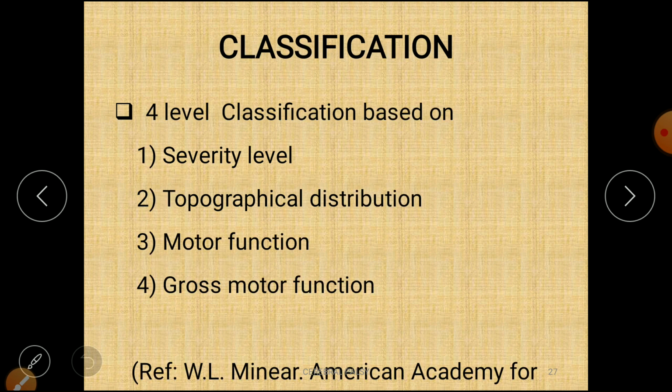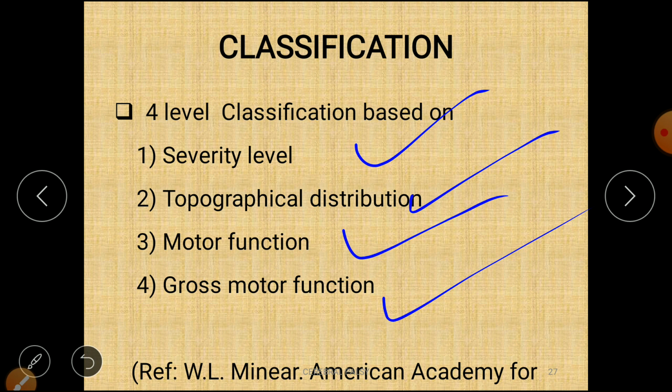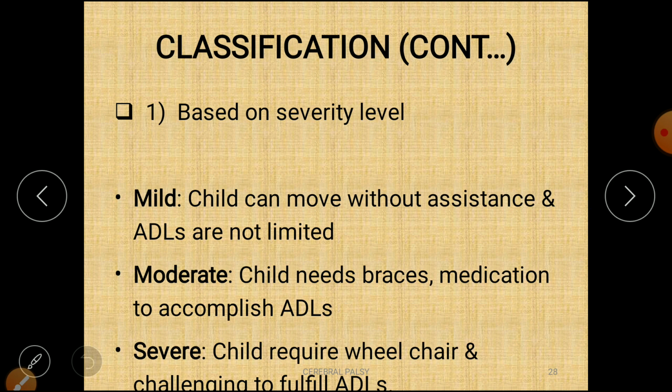Now the classification of cerebral palsy. Basically 4 classifications are present, based on severity level, topographic distribution, motor function and gross motor function. We discuss them one by one. First is based on severity level: mild, moderate and severe.